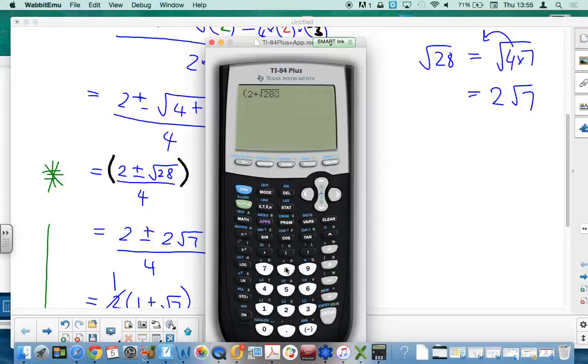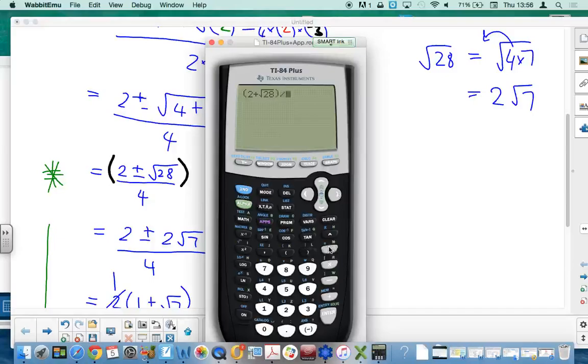Actually, what if I press a bracket here? Now this is where these calculators do change a bit. I want to get out of that square that's flashing under the square root symbol. I think I can just use the arrow pointing to the side. Yes, that's it. So now I'm outside the square root. Put my bracket back in, and that's me done the numerator for plus.